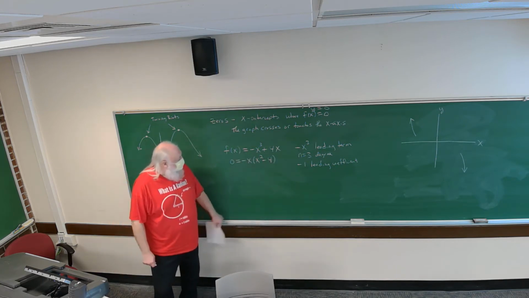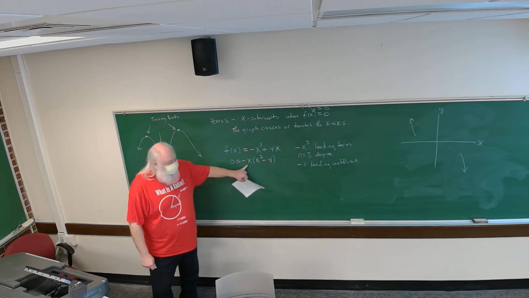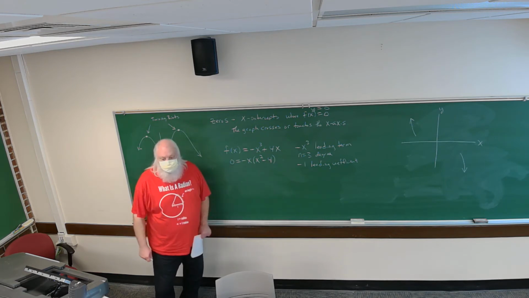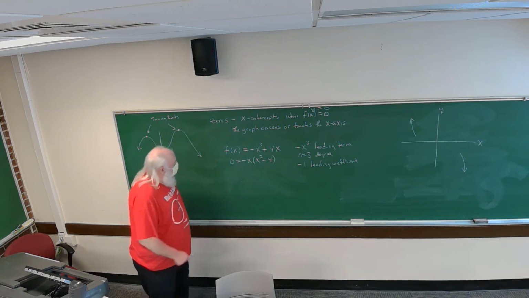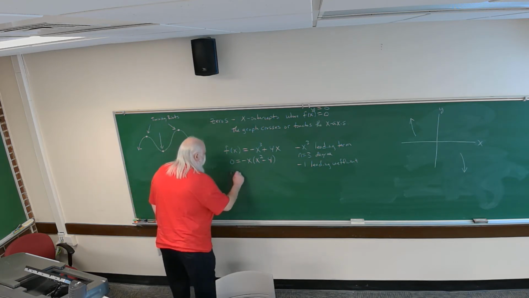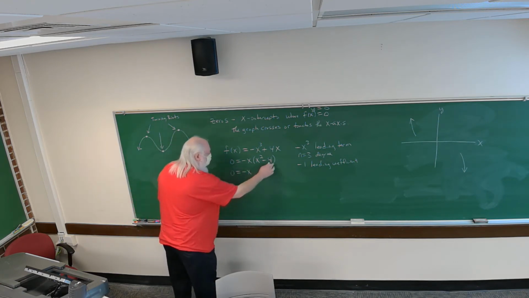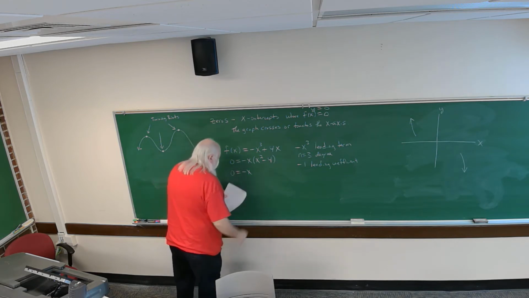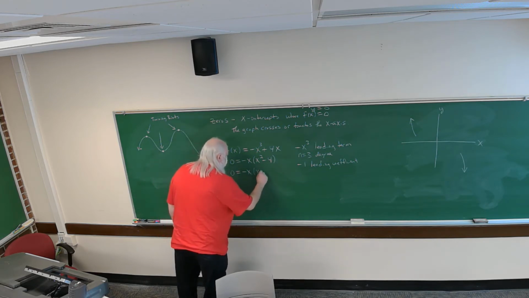So when I factor out minus x, I have minus x times x squared minus 4. Well, x squared minus 4 is the difference of squares. It factors into x plus 2 times x minus 2.